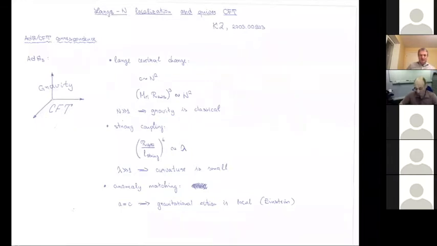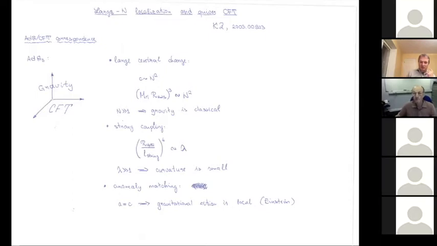In principle, there are three assumptions that go into this statement. First of all, the CFT has to have large central charge, because central charge controls the Planck scale. If you want the Planck scale to be large in appropriate units, then the central charge has to be large.